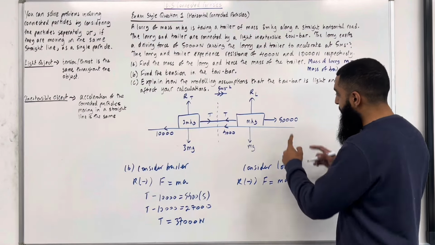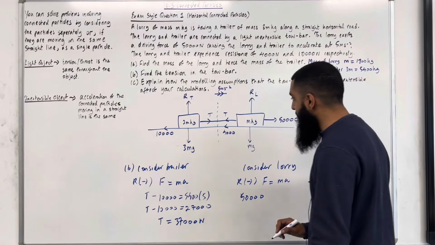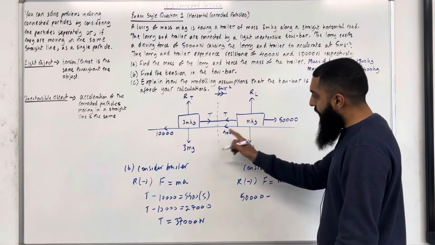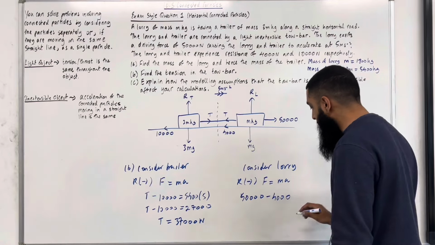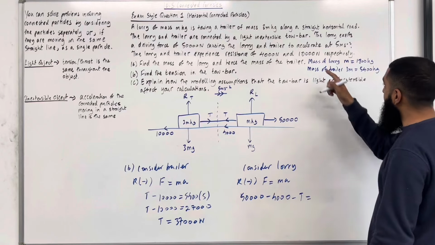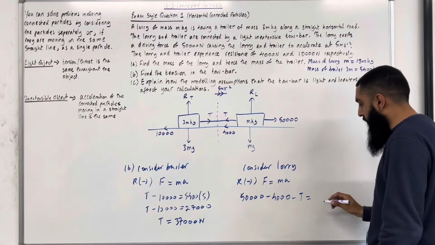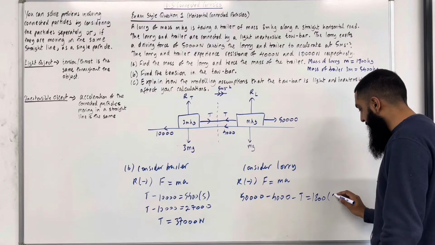So this would be 50,000 to the right, take away 4,000 to the left, take away T, equal to the mass of the lorry. So the mass of the lorry is 1,800 kilograms, multiplied by the acceleration, which is 5.